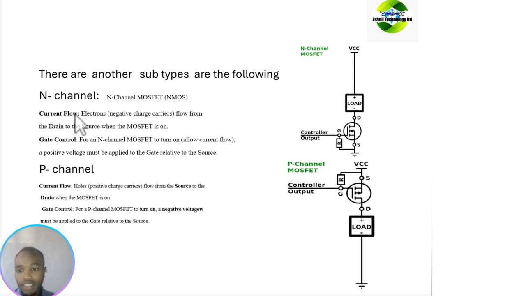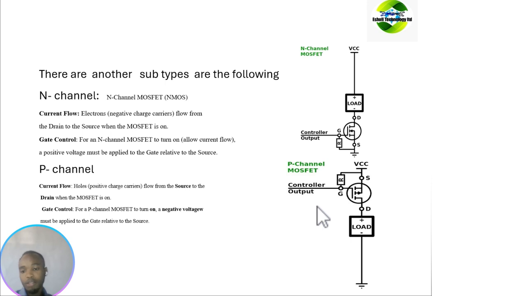In an N channel MOSFET, the current flows as negative electrons carried from the drain to the source when the MOSFET is on. When you supply the MOSFET, the charges flow from the drain to the source. As you see in this image, the negative electrons flow from the drain to the source, and then you receive the output at the gate.